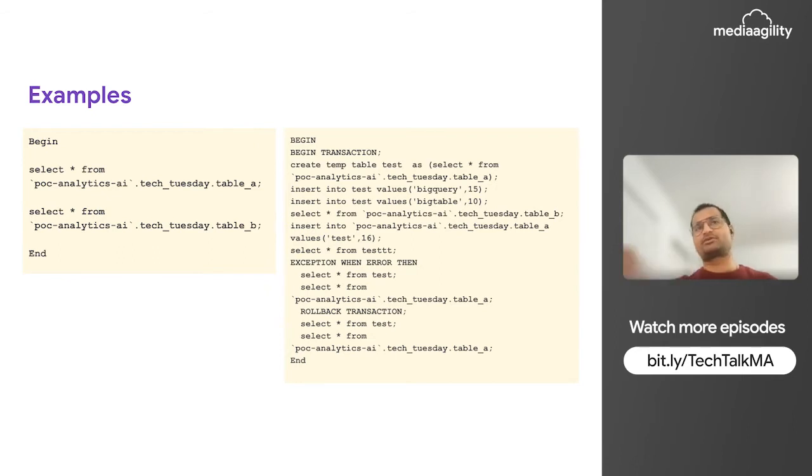So when we look into the information schema sometime later, we will find that for this there will be a total of 3 jobs. One job will be the main job, and then BigQuery will create the individual jobs for it. That way, if you want to explore or get the data from those tables, you can get it using the individual job. Now here, this right side example is the transaction example.